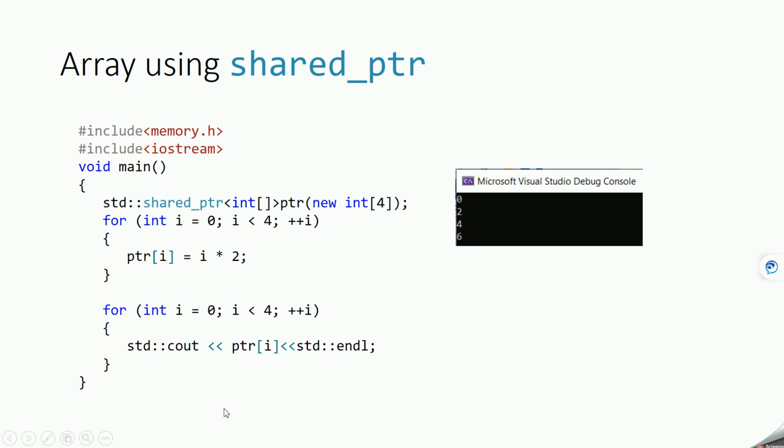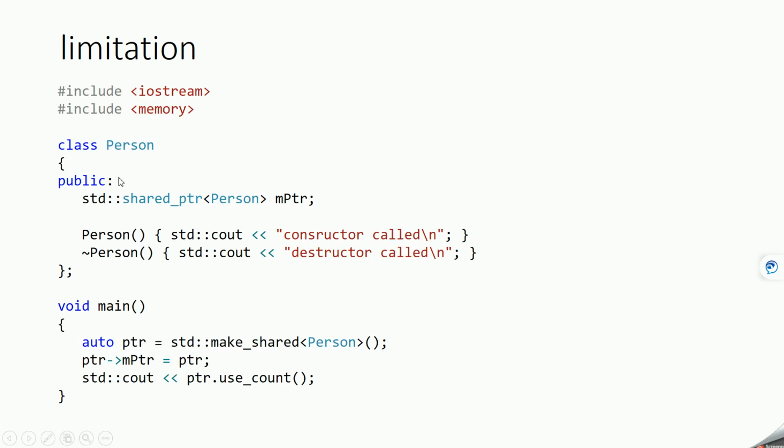Okay, so now let's see what is the limitation of this shared pointer. Okay, so here we have a program. Basically here we have a class, and this class has a shared pointer member called mptr, which is of this class type itself, and we have a constructor and we have a destructor.